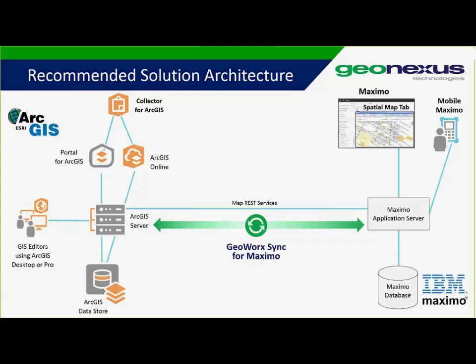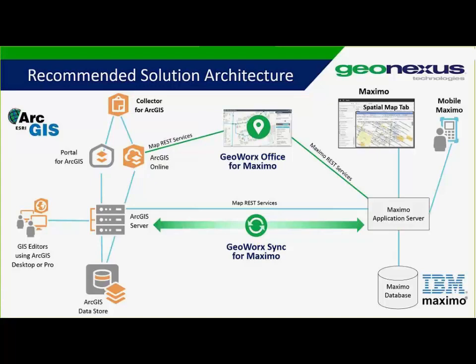I can use any mobile technology I'd like, and it'll update its respective system, and GeoWorks Sync will make sure that that data is synchronized fully between those two systems. And then we have GeoWorks Office, which allows us to interact with data from each of those systems through a single map-centric viewer application that's very easy to use and allows me easy access to these two systems.